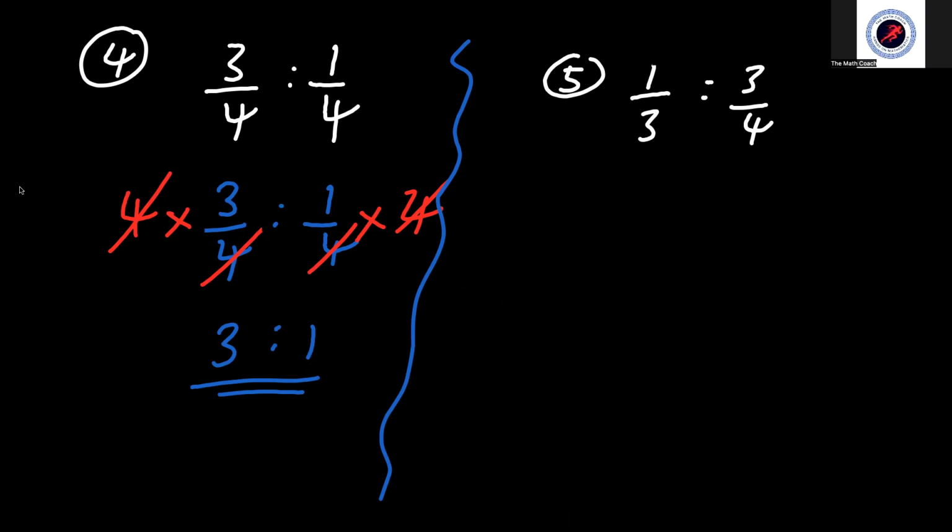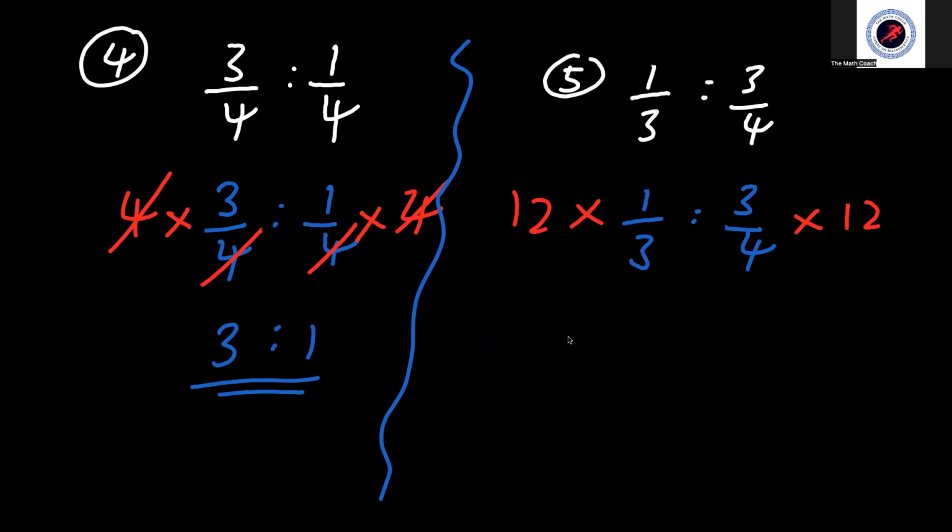Now we write this ratio as it is, 1/3 is to 3/4, and we multiply both sides by 12. Why do we multiply by 12? Because we got the LCM as 12 seconds ago, right?